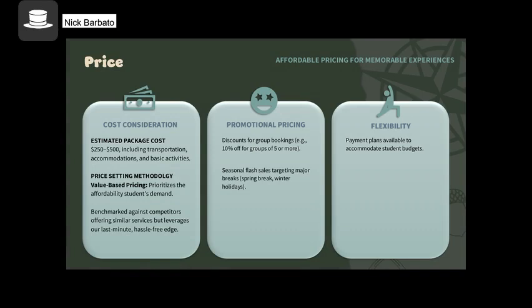Next, let's discuss pricing. Pricing is a critical factor for our student audience. Our travel packages are priced between $250 and $500, depending on the destination and included activities. We use a value-based pricing model to ensure our services remain competitive while highlighting the unique value of last-minute worry-free travel.